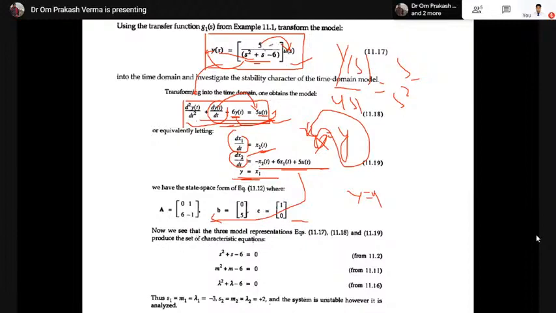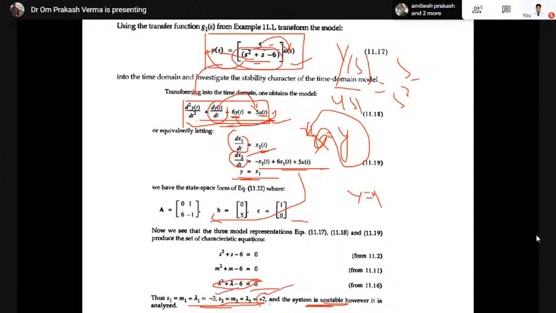Now see the characteristic equation, s square plus s minus 6. Find out the eigenvalue; the eigenvalues are the same as the characteristic equation poles. When you calculate the values, one is positive and one is negative.